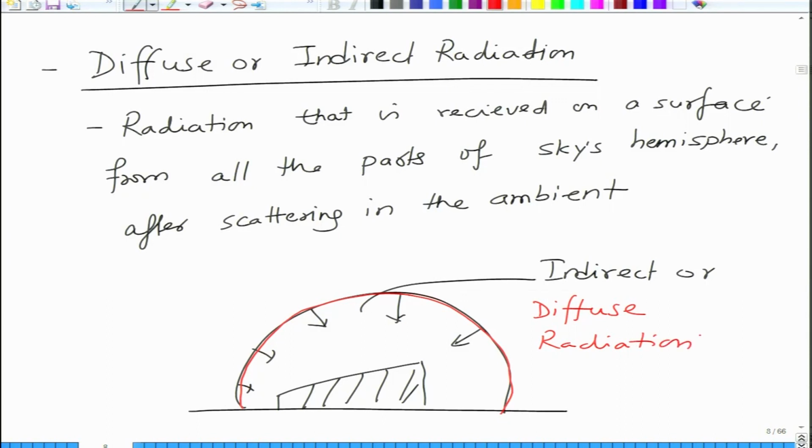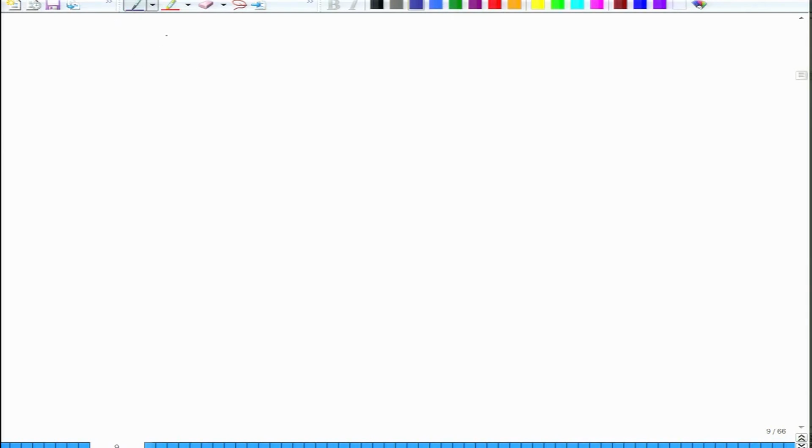Is that clear? There are these two components. First is the direct radiation, which is in line with the sun. Second is diffuse or indirect radiation that comes from the ambient. Sum of these two is called global radiation.